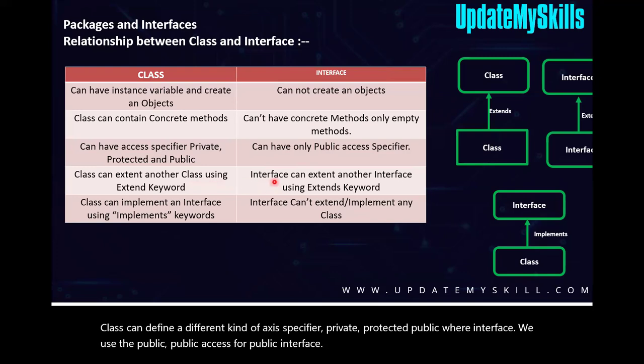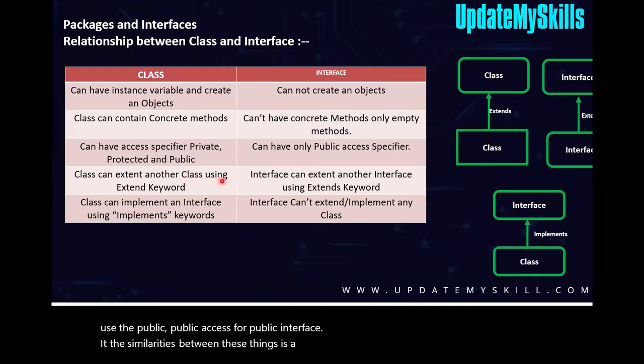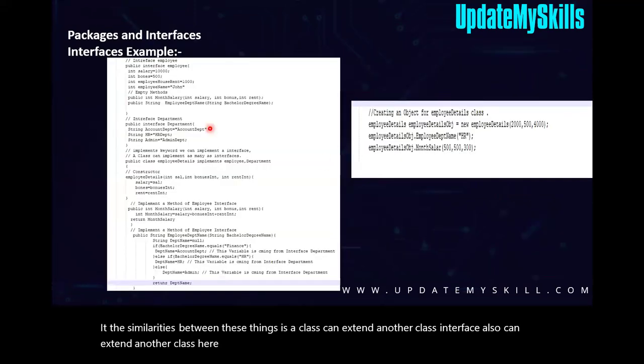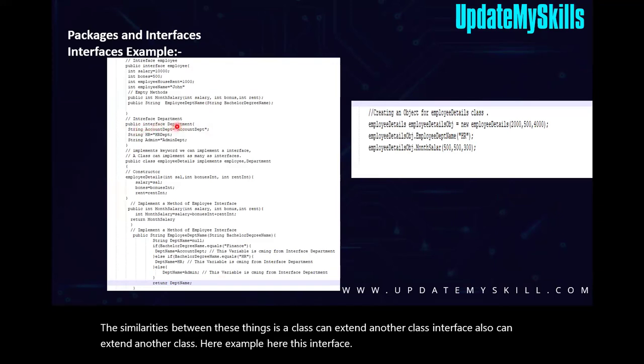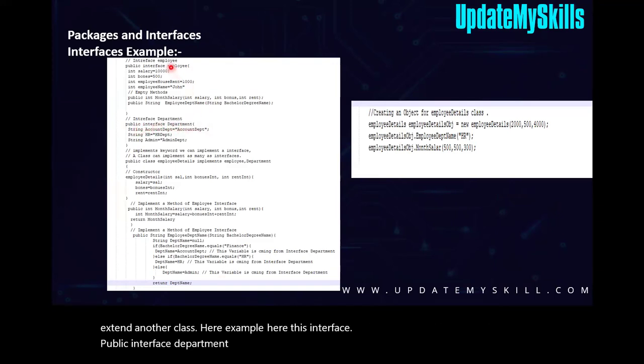The similarity between these things is that a class can extend another class, and an interface can also extend another interface. Here is an example: this public interface Department can extend Employee also. It means that Department becomes a sub-interface of Employee, if really needed.